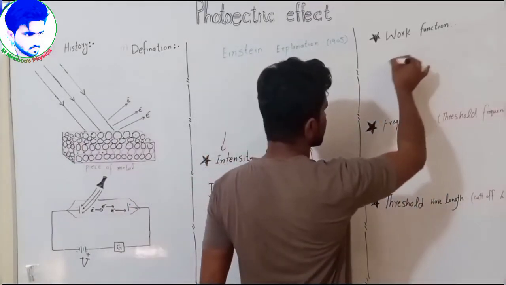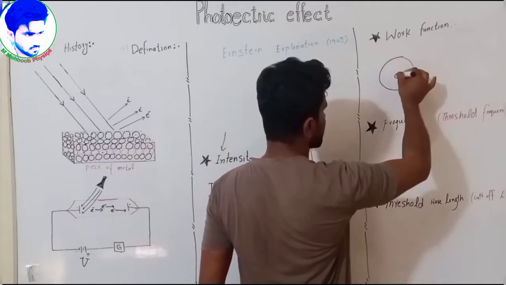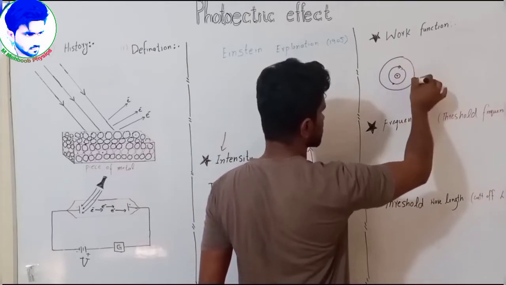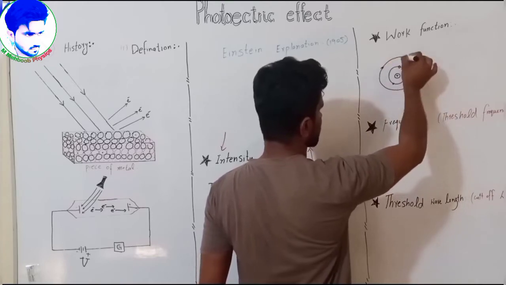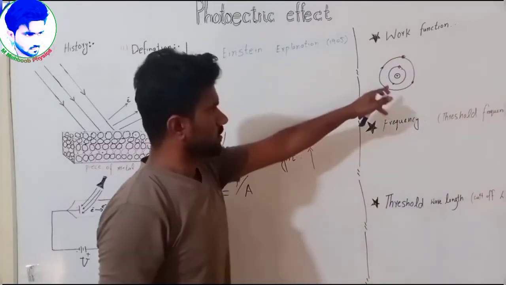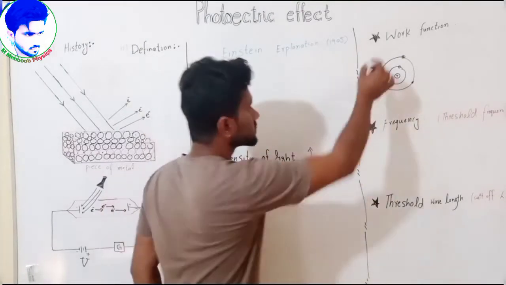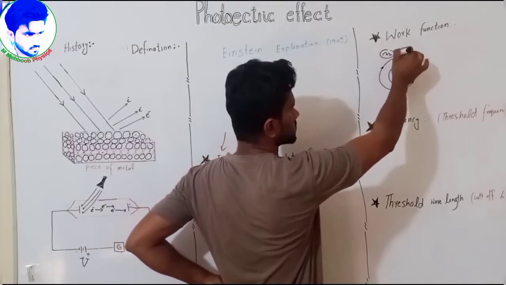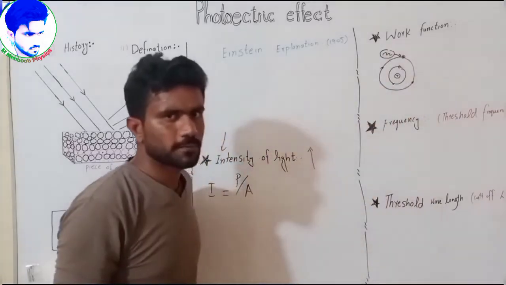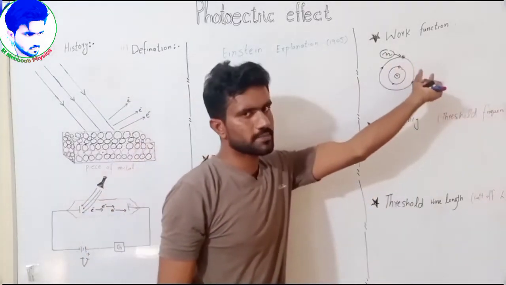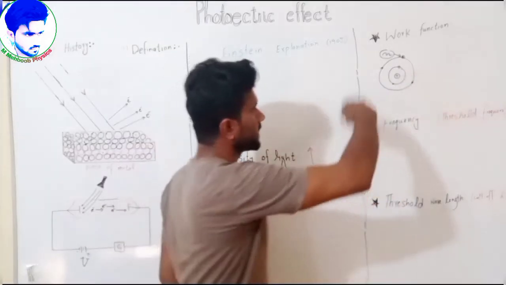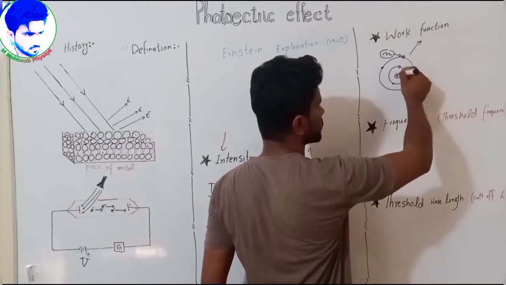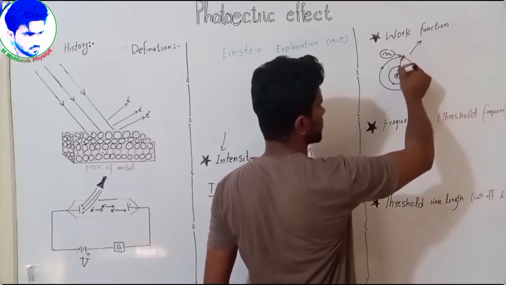Meaning, if we have an atom, let's suppose this is an atom, for understanding, when a light photon strikes that electron and this electron absorbs this light photon and ejects from that metal surface, there will be a binding force between the nucleus and the electron.